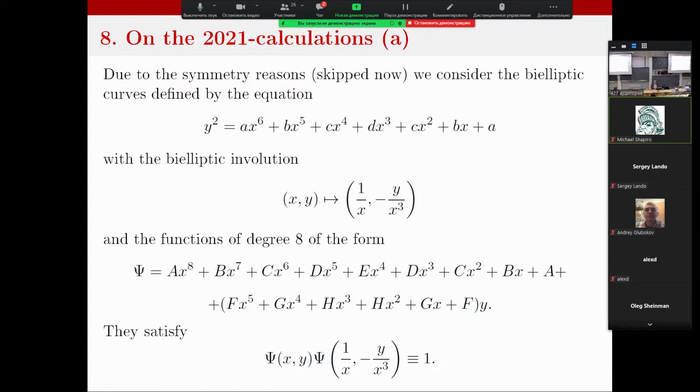Or, in other words, they can be defined as they are here by the recurrent polynomial. You see that in the right-hand side there is a recurrent polynomial. Because of its recurrence, there exists a bi-elliptic involution written like this.